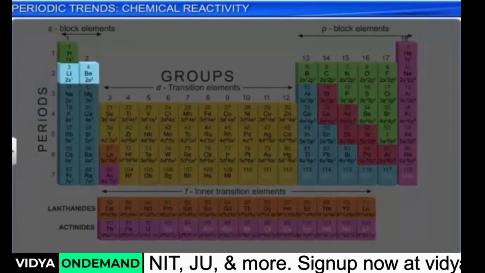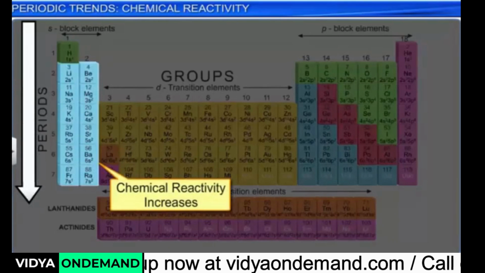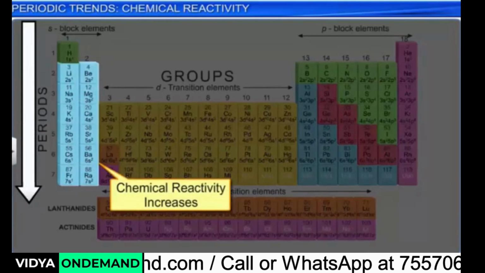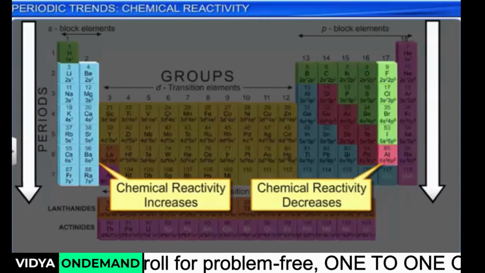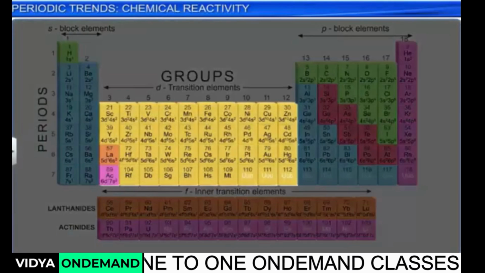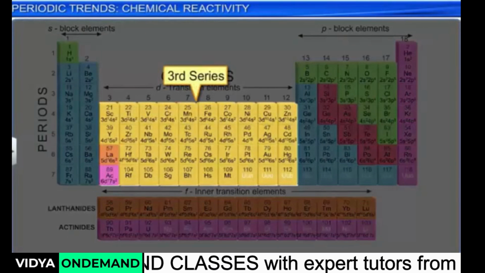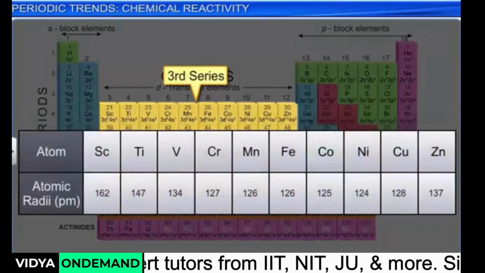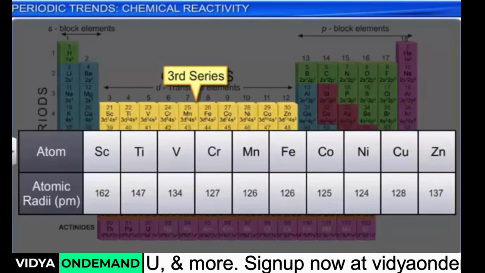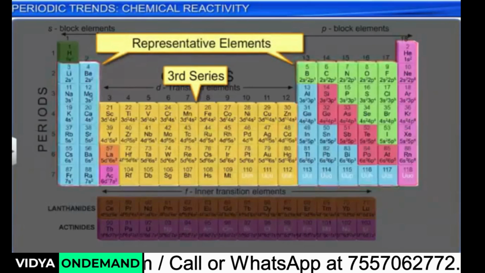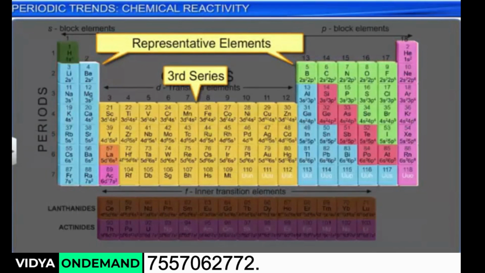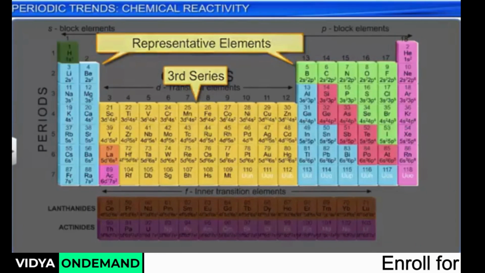In the transition metals in the third series of the periodic table, the change in atomic radii is much smaller as compared to those for representative elements across the period. Similarly, the inner transition series 4f and 5f elements show even smaller variation in atomic radii.